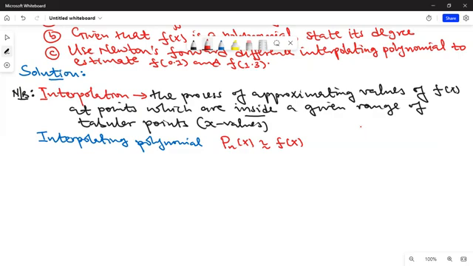You see, once you know the Pn of x, which we are saying is an interpolating polynomial for the function f of x, if I were to differentiate f of x, you only need to differentiate Pn of x. If I were to integrate f of x, all you need to do is to integrate the Pn of x, etc. So let us take note. A note, I'm going to write this down.